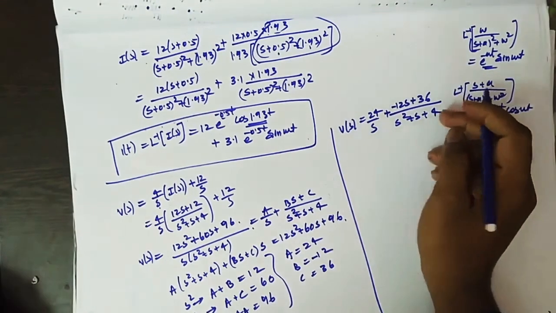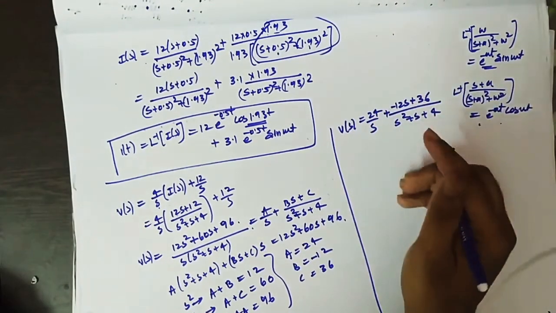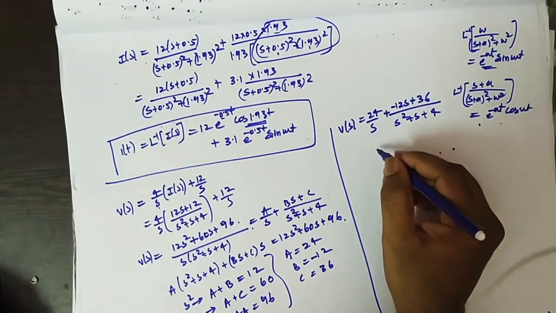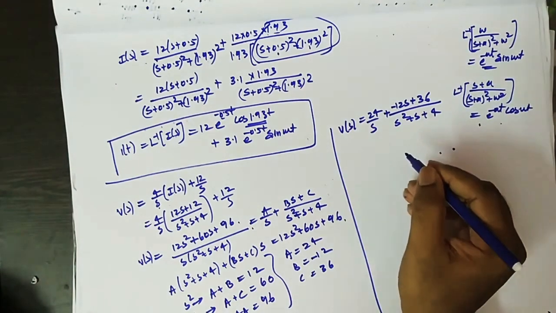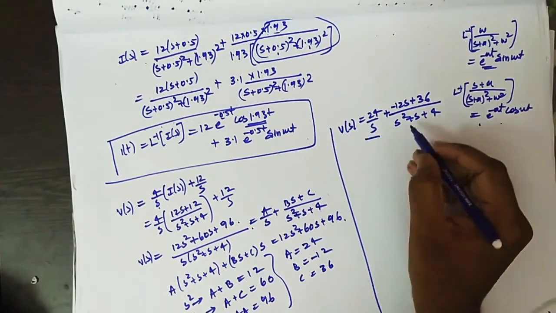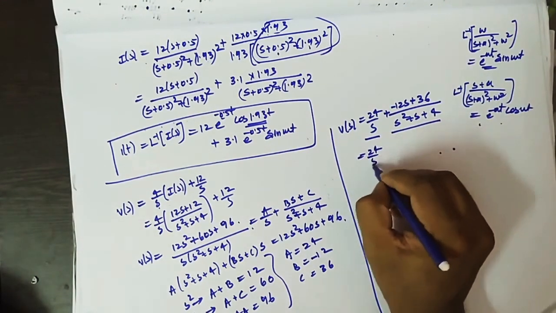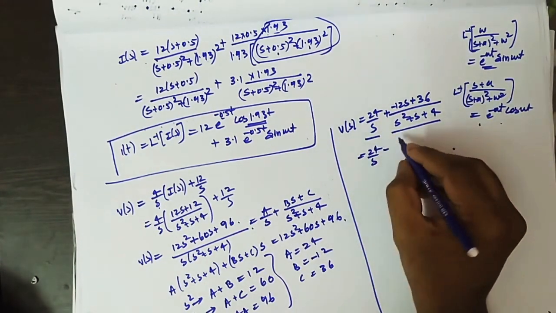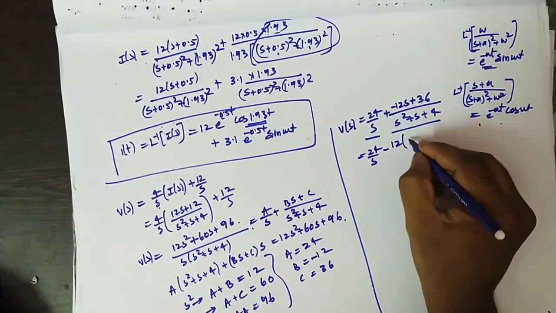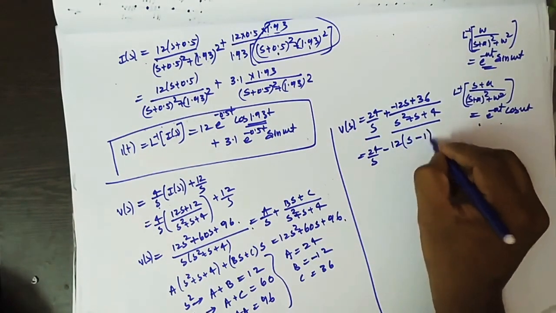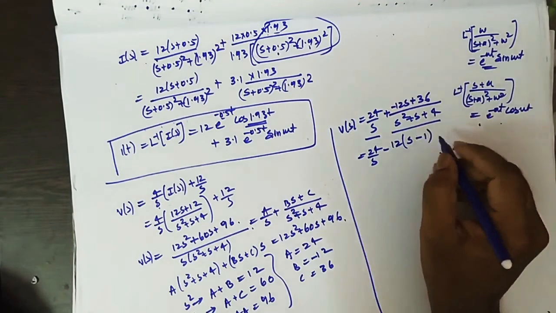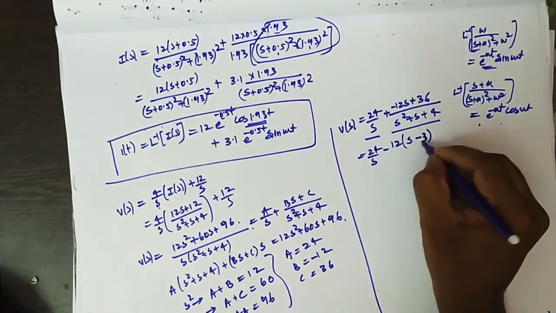So this term, now you need to take what here? You already got this separated, so you need separation of this. For that, 24 by s, what you do is you take minus 12 outside, s minus 3 you will be getting.